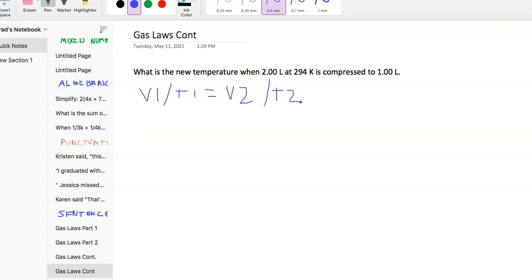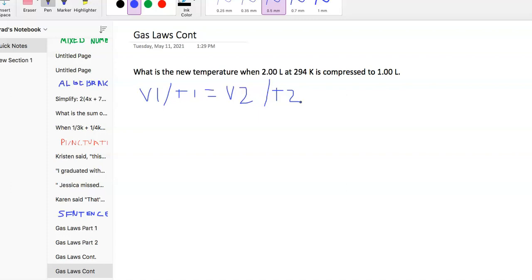V1 divided by T1 equals V2 divided by T2. Now it's divided rather than multiplied. Kelvin is a measure of temperature. Again, 1 represents initial volume or temperature, while 2 represents final volume or temperature.